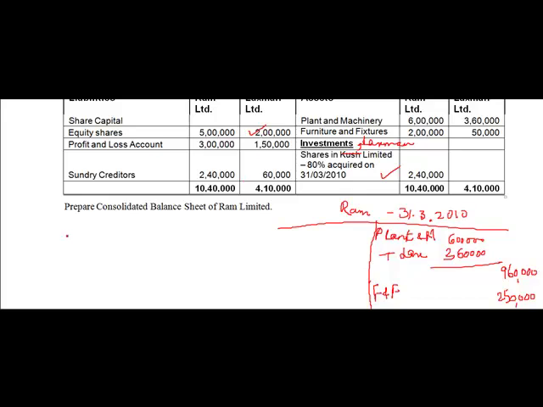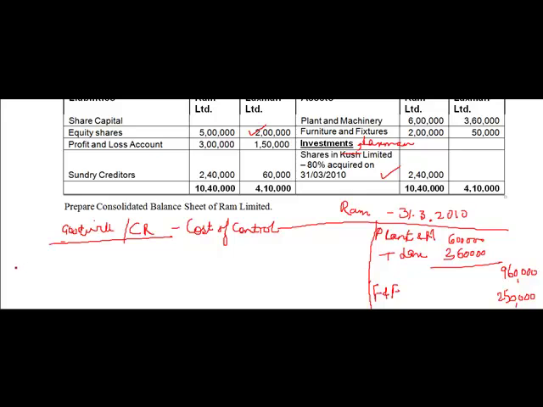So basically what happened is I need to compute my goodwill or capital reserve, which is normally referred to as cost of control. And how do I compute my cost of control?